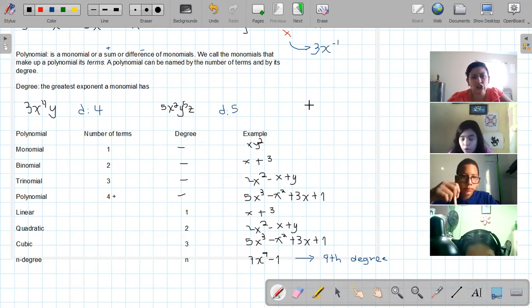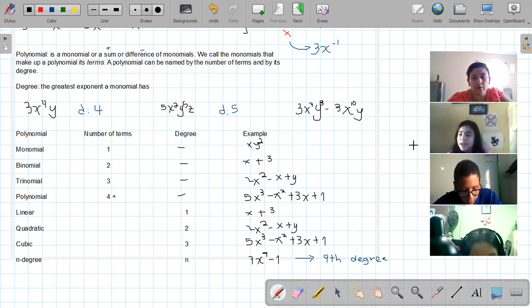What if I have the addition? It would be, for example, 3x to the 7th power, y to the 8th power, minus 3x to the 10th power, y. What is the degree of this polynomial?